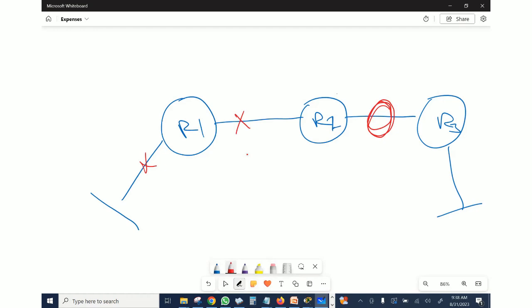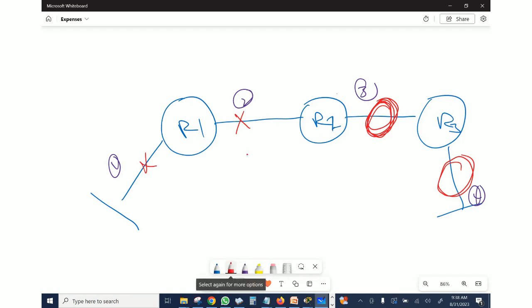Router 1 also doesn't know about this network. This is network 1, this is network 2, this is network 3, this is network 4. Router 1 only knows about network 1 and network 2. It does not know about network 3 and it does not know about network 4. Do you agree?